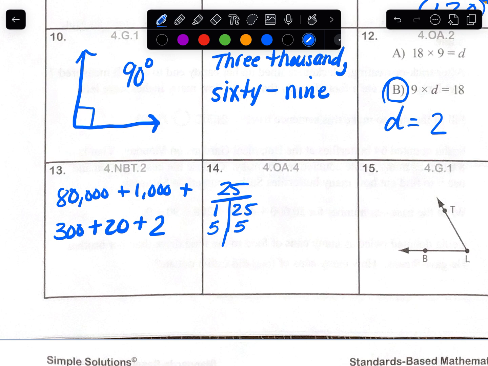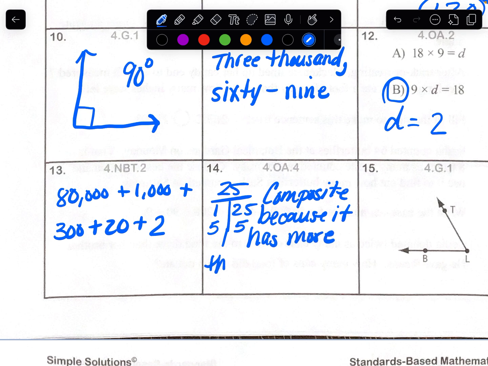Obviously, 25 has more than 2 factors, so this is composite because it has, and you had to explain this, more than 2 factors. You had to explain that.